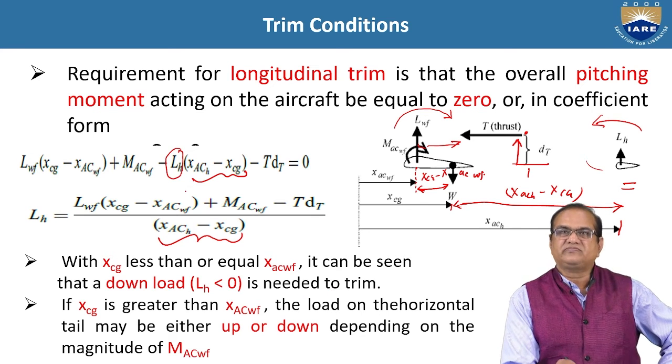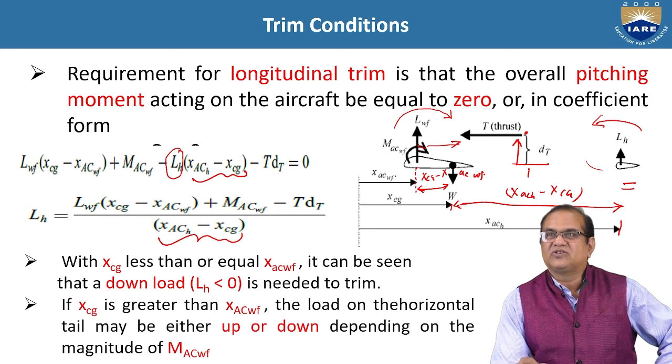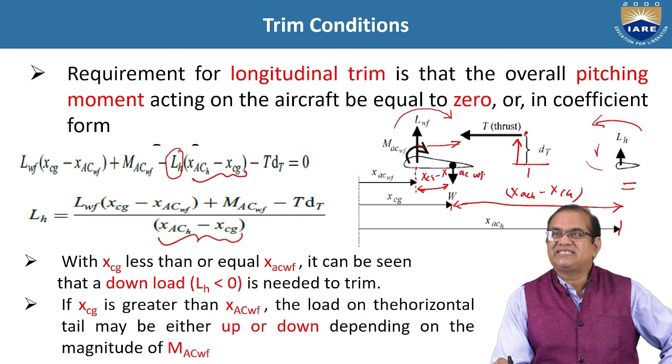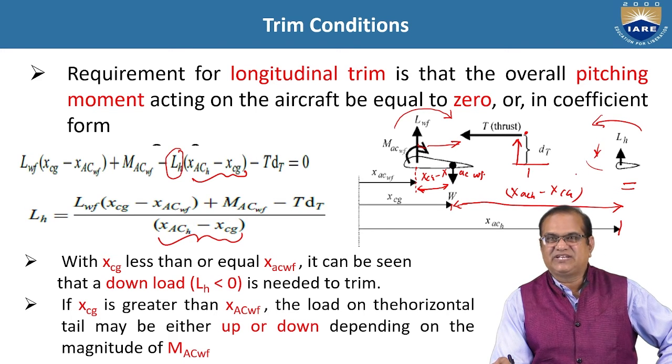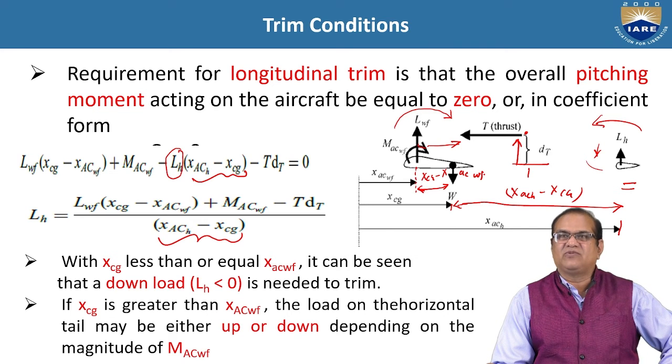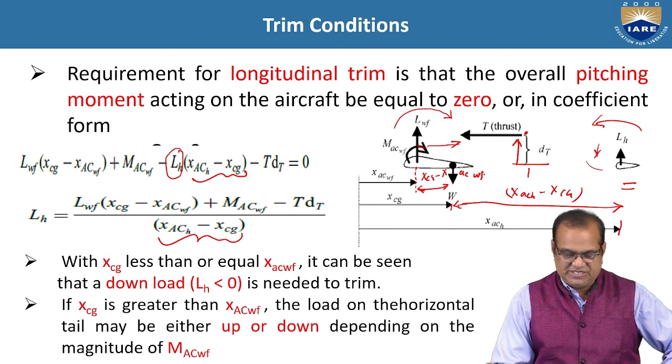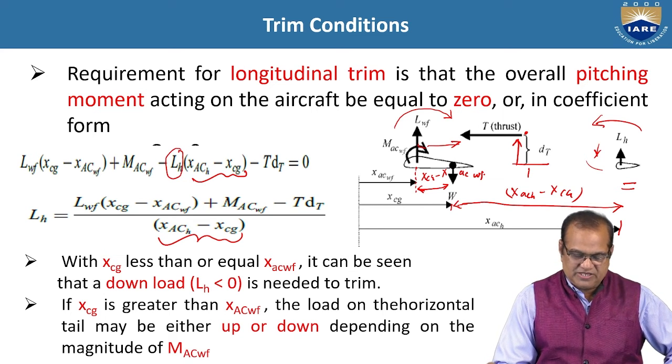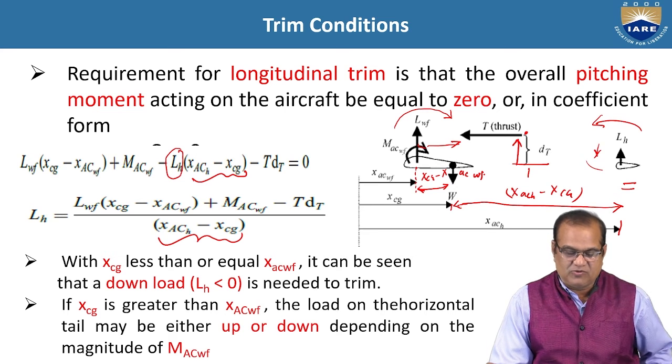So if this XCG is less than XACW, then we need a load in this direction to trim. If XCG is greater than XACW, the load on the horizontal tail may be either up or down, depending on the magnitude of MACWF.